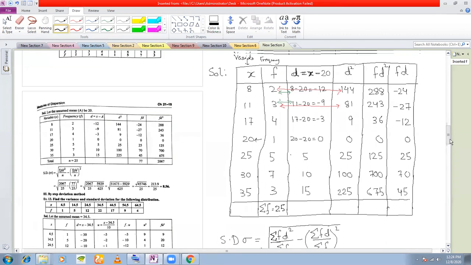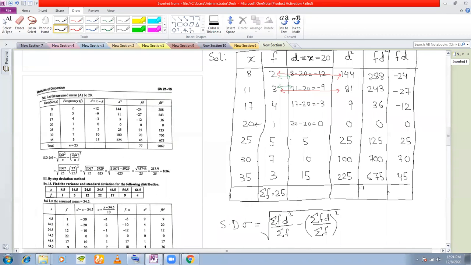Next, we require the summation FD square column. Summation FD square adds up to 2067. Summation FD also we require.